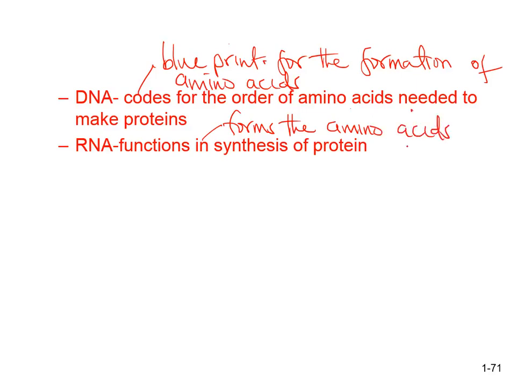So DNA is like a planner. This is your plan of the house. Now the builder is RNA. So DNA is a planner. This one is the builder, that does the actual job.